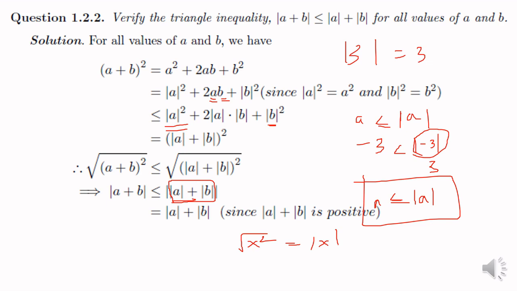So modulus of a positive quantity is the same quantity. So modulus a plus modulus b is a positive quantity, and the modulus of that is equal to modulus a plus modulus b. So what we got here is that modulus of a plus b is less than or equal to modulus a plus modulus b, which proves the triangle inequality.